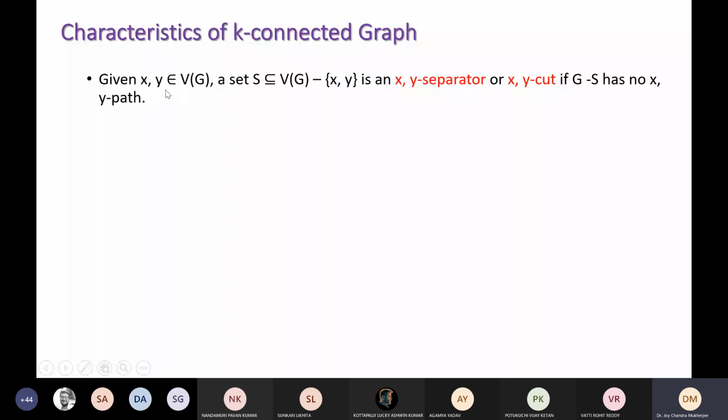Now a set S, which is a subset of V(G) minus {X, Y}, is called an XY separator or XY cut if G minus S has no XY path. Okay.